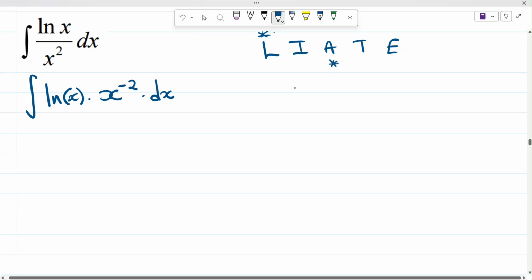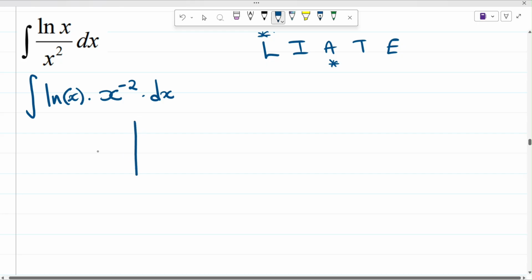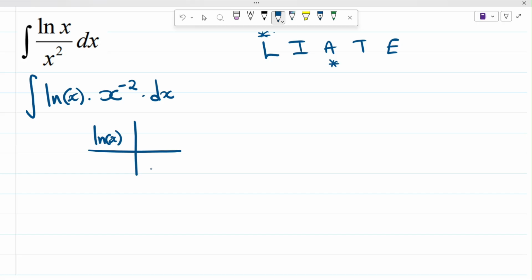So according to LIATE, the function that comes first, we differentiate it, and the function that comes last, we integrate it. So I'm going to draw my cross, of course, like always, and then I write my ln of x here, and then I write also my x to the power -2.